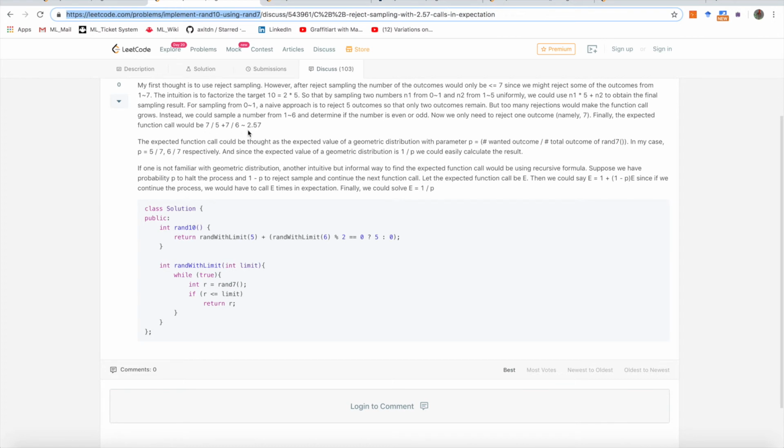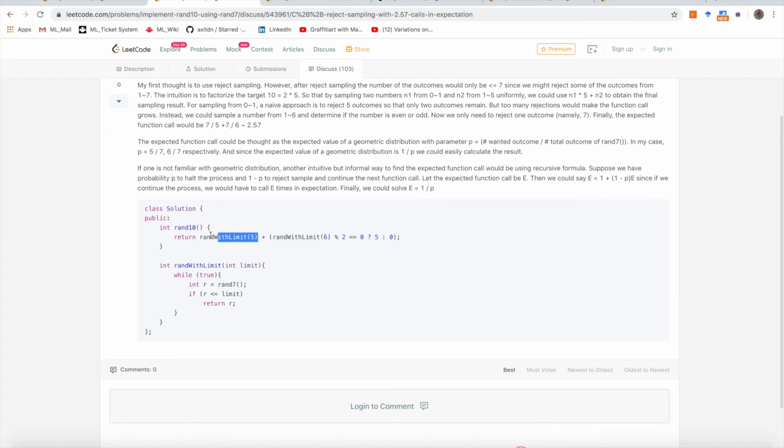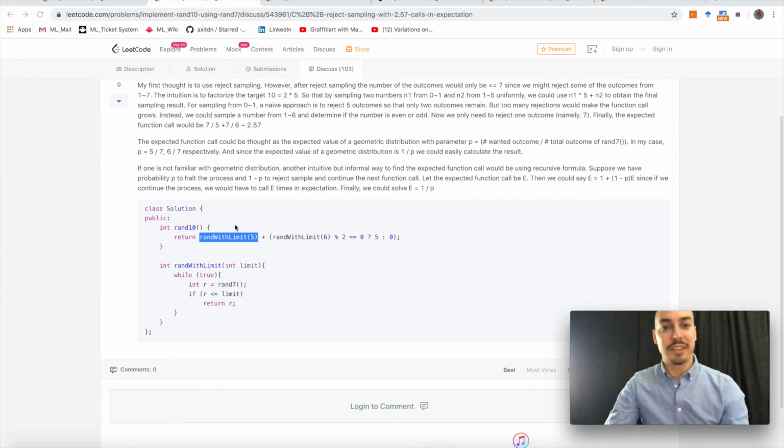And that's why that computation of 2.57 comes from, saying that on average we need to call rand7 2.57 times within one rand10 call. Bearing in mind that there are a couple of cases where we actually hit a 7 in this call, and there might be cases where we hit a 6 or 7 in this call, and in those times we actually have to reject it.